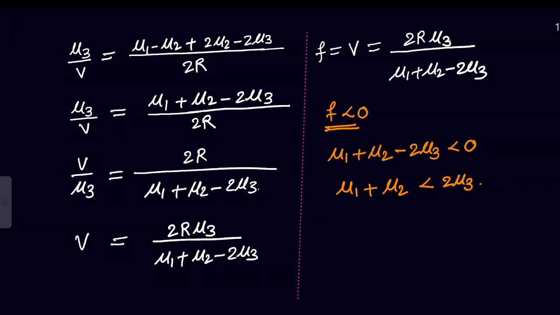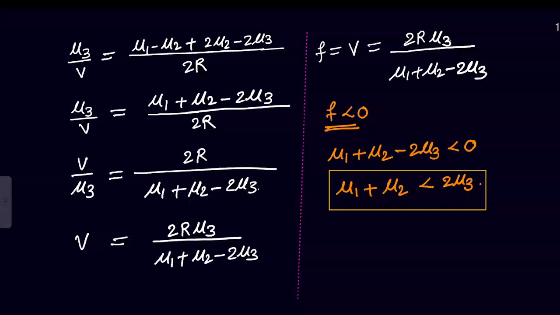The numerator cannot be negative because R is a radius and mu3 is a refractive index, which is always a positive quantity.